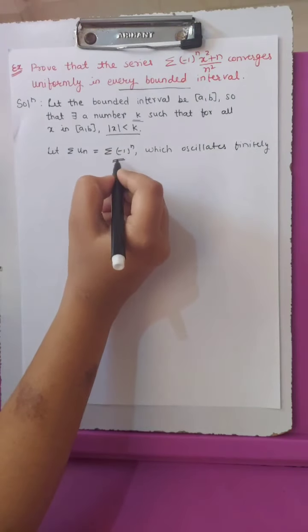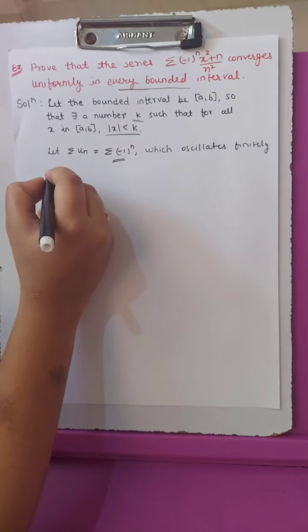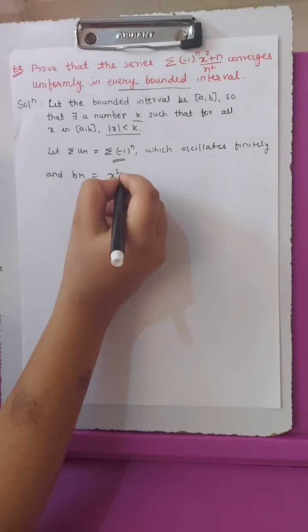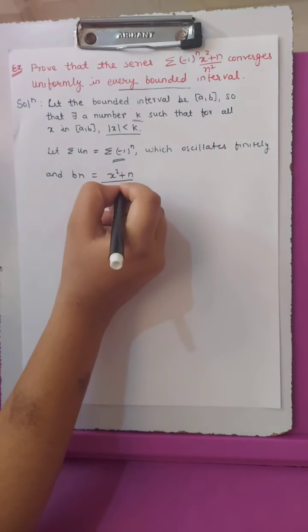We know that this series oscillates finitely, and let bn be equal to (x square plus n) upon n square.